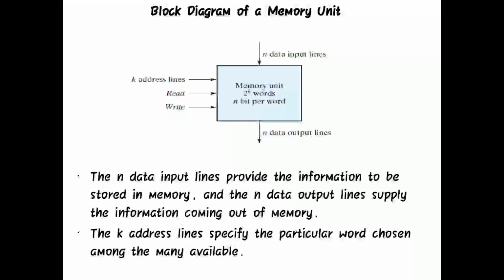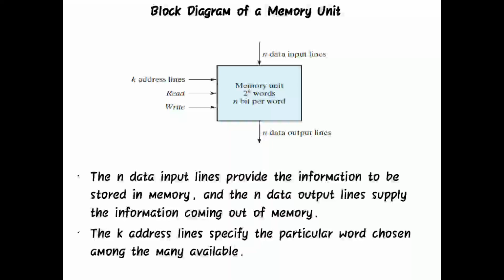Coming to a detailed study of this memory unit, as you can see, there is a box which represents the memory unit. We have some inputs and some outputs. As you notice in the diagram, we have n data input lines and n data output lines. We have k address lines. Then we have read and write, the reading operation and the writing operation. Inside the box we have the memory unit.